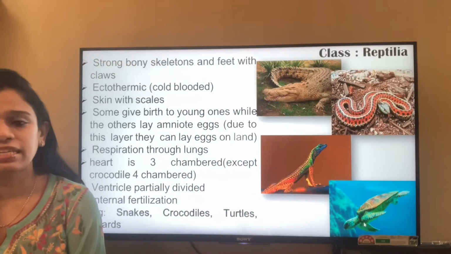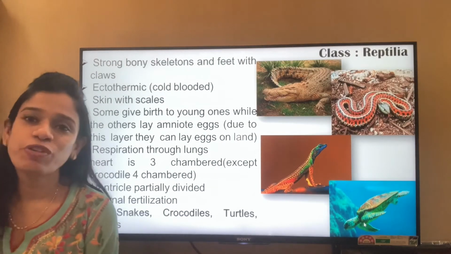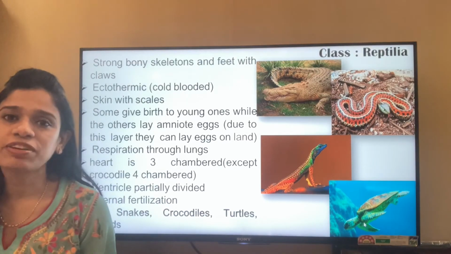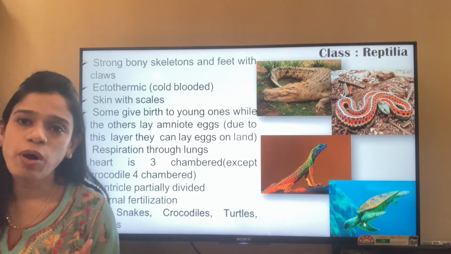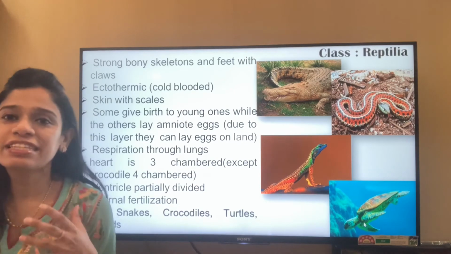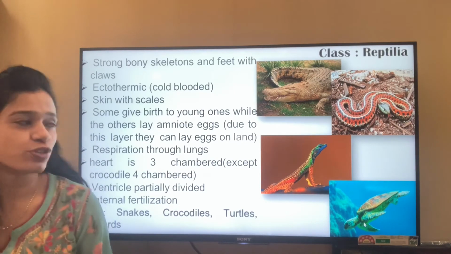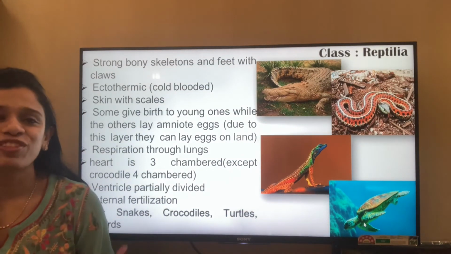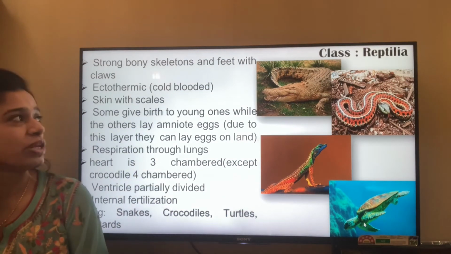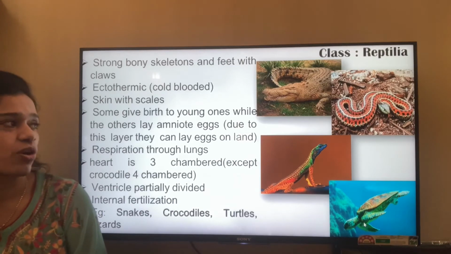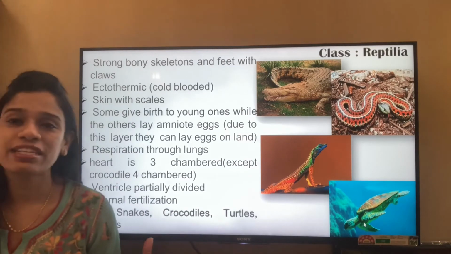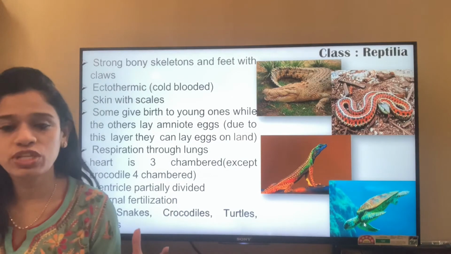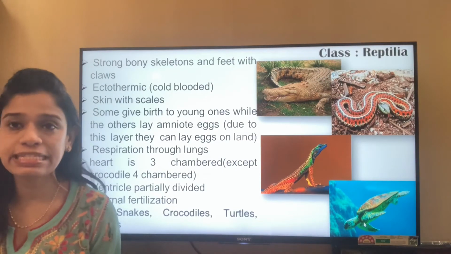The next is the class reptiles. So when we talk of reptiles, or when we see the reptiles, we always have a jittery feeling about this class, because this looks a little awful. So the class Reptilia, they have the features that they have strong bony skeletons and feet with claws. We can see for the crocodiles that they have strong bony skeletal structures.